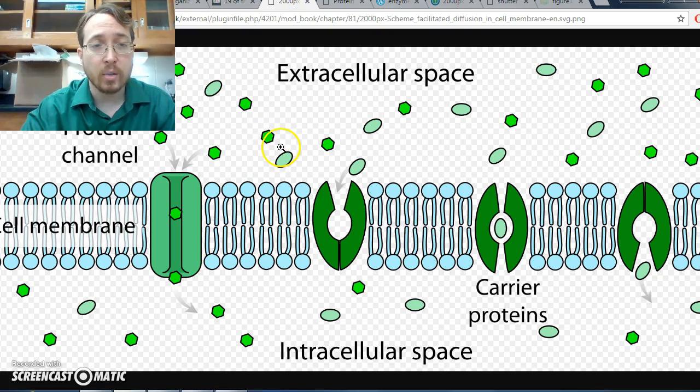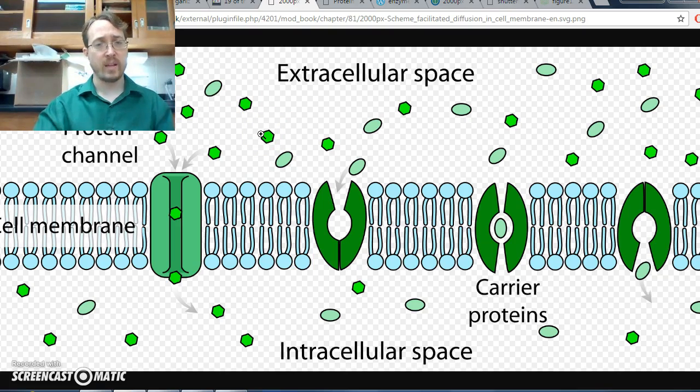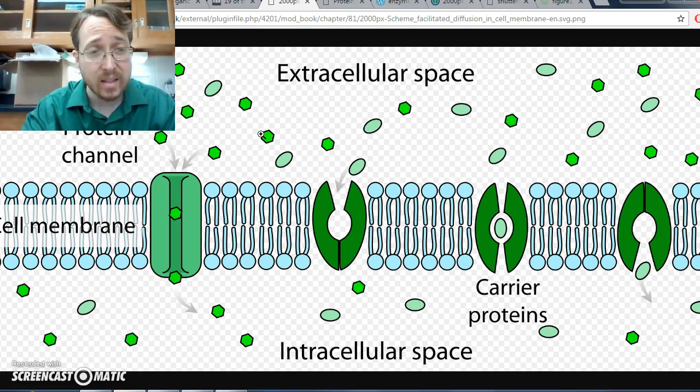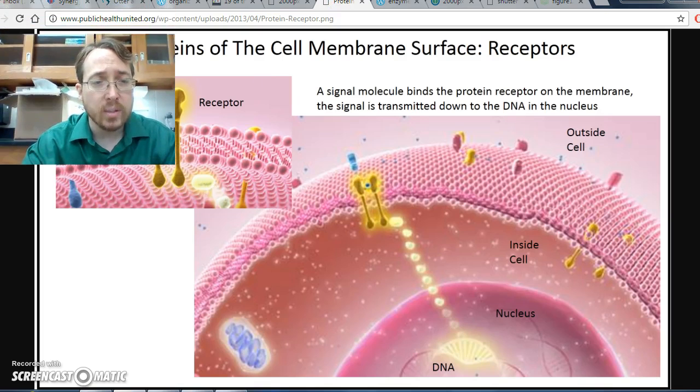Another type of protein is transport proteins, and our cells have to have things that come into and out of them so that they can work. And transport proteins are like doorways. They let some things in, and they don't let other things in. And so things may be able to get into and out of the cell using transport proteins. There are also receptor proteins.